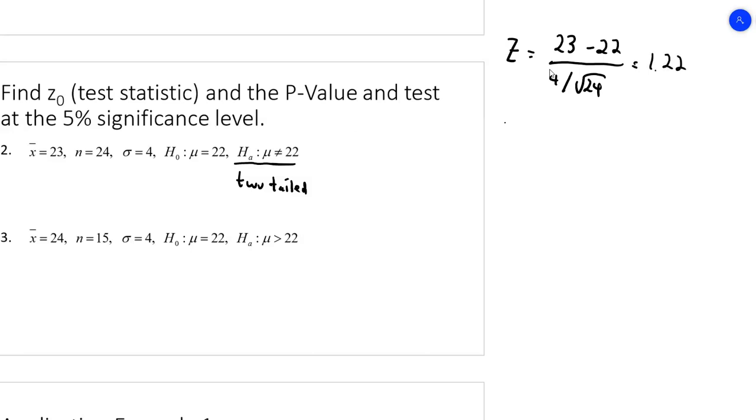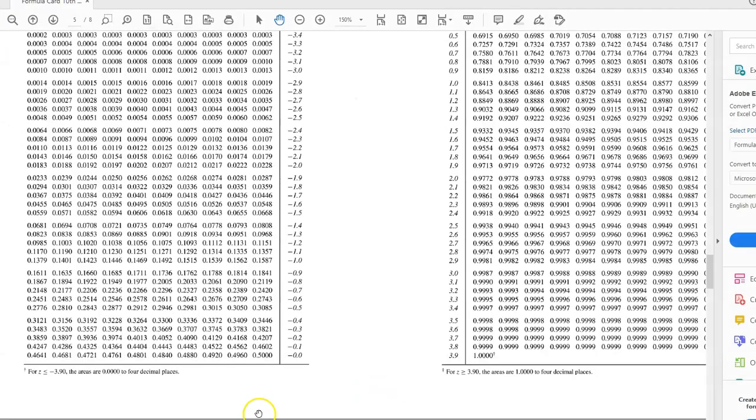All right, so then using the critical value approach, you would then find z alpha over 2. Alpha over 2 because it's two-tailed. Take that 5% significance level and divide it in half. So half of 0.05 is 0.025. So now I go to my sideways table over here.